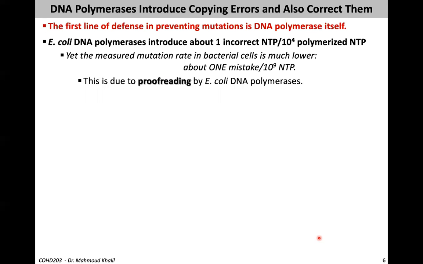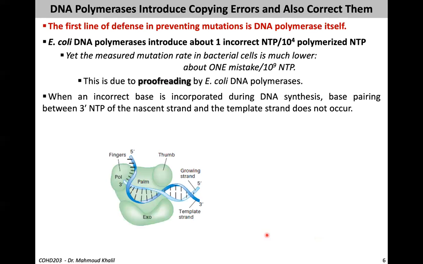Here you can see the polymerase, and it has the template and is building up the growing strand. You can see that the light blue is the growing strand, and the dark blue is the template strand. So now this polymerase is building nucleotides on the template.